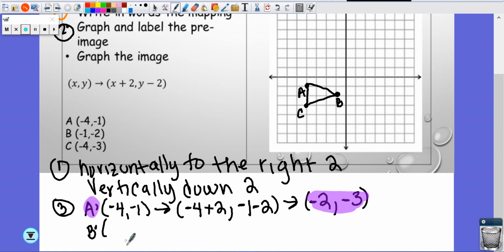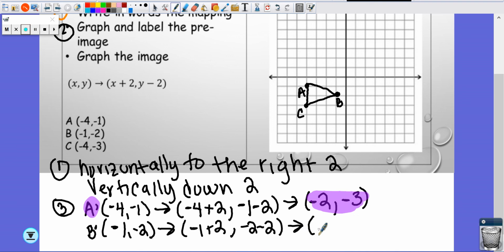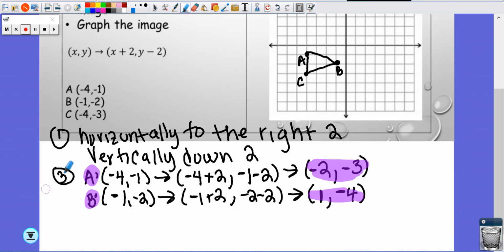B prime is -1, -2, and that gets mapped to -1, add 2 to the X, and then -2 minus 2 from the Y. So if my math is correct, that would be 1 and -4. -2 minus 2, or you could say -2 plus a -2, is a -4. If all else fails, you can Google a calculator, and that'll help you get the math right.